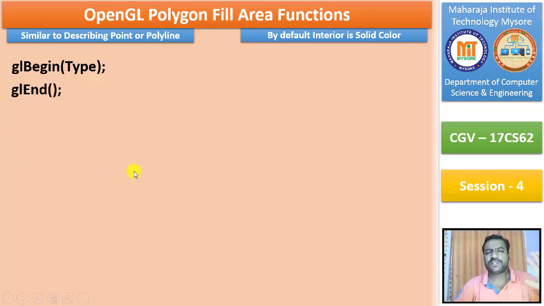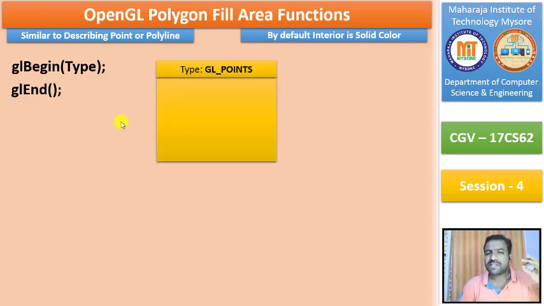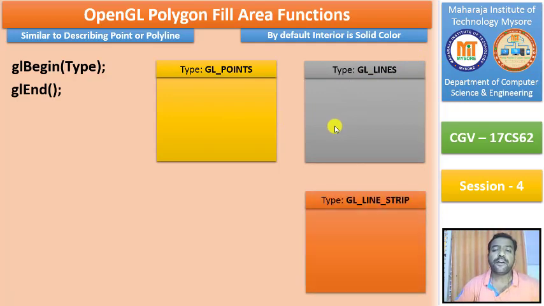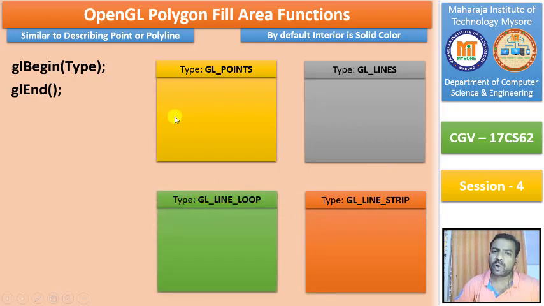Now we will see how a point, a polyline, a line, and a polygon differentiate themselves using the same pair of glBegin and glEnd. We will see how GL_POINTS works, how GL_LINES behaves, and how GL_LINE_STRIP and GL_LINE_LOOP behave. All these four you are already familiar with.